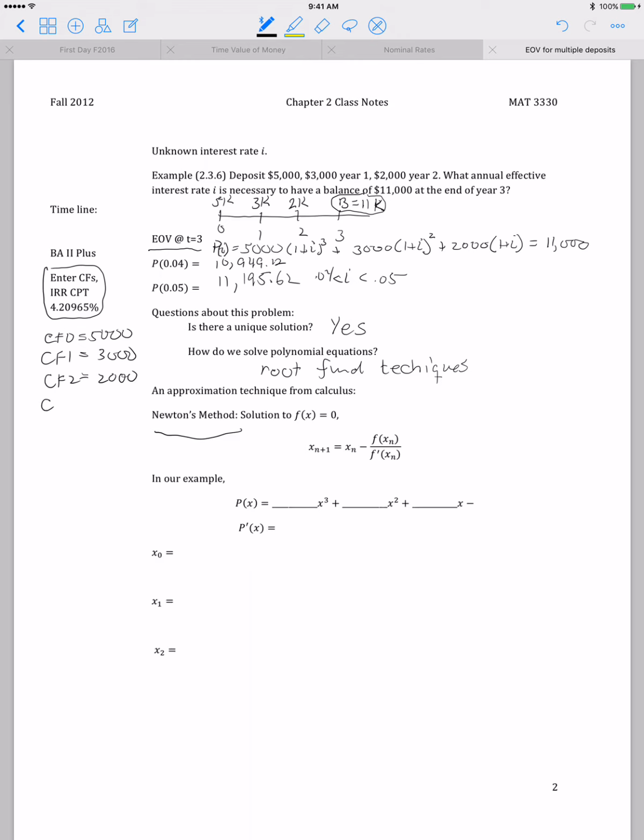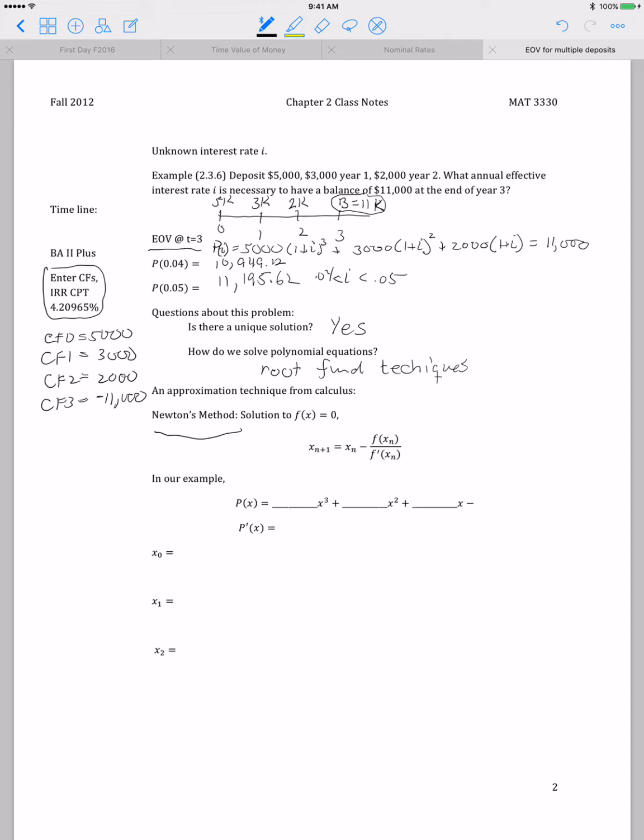And then at time 3, we're going to enter the balance, the right-hand side of the equation of value at time 3, as a negative. So the balance will be at the opposite sign of the contribution. So here we're assuming that we're liquidating the fund or the account at that time, and so therefore that's a withdrawal.